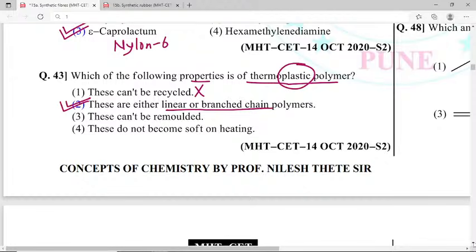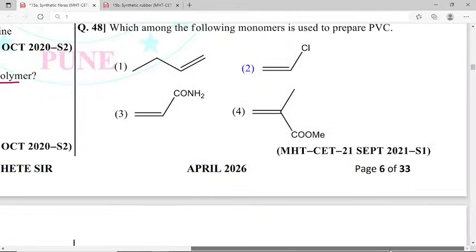This cannot be remolded: no, not correct. This does not become soft on heating: also not correct. So thermoplastic polymer is always either a linear or branched chain polymer, but not cross-linked. Always remember, not cross-linked.